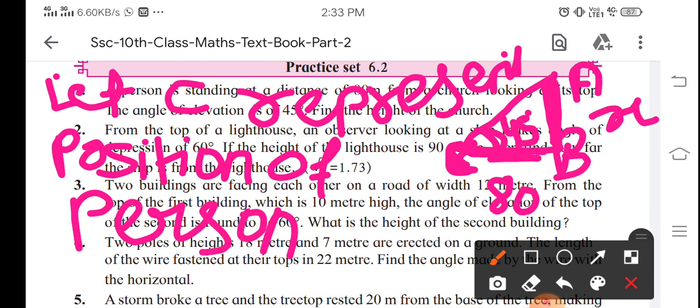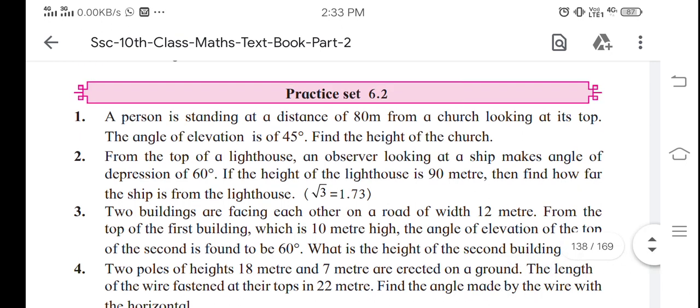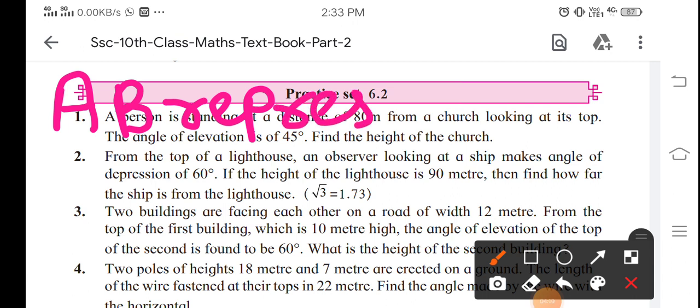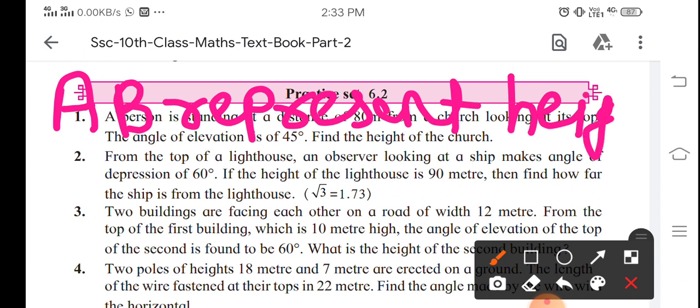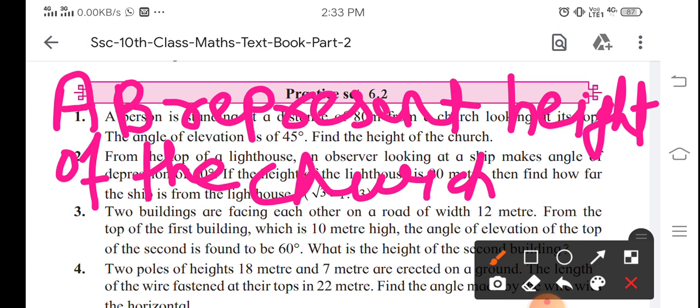Now in the next line, what you have to assume is that AB represents the height of the church.